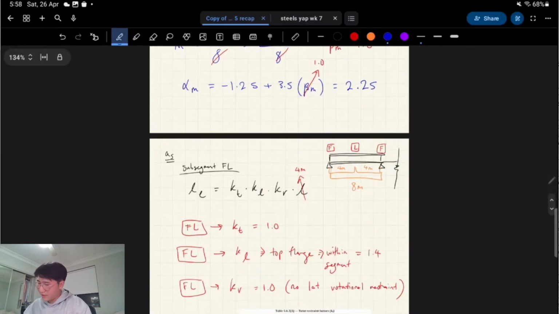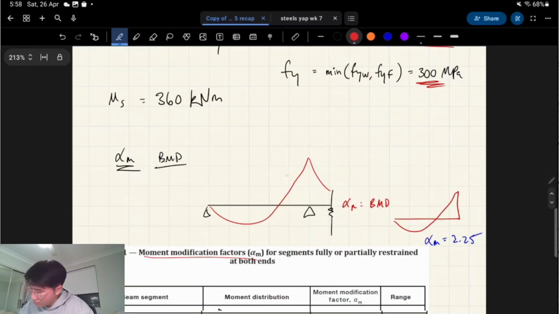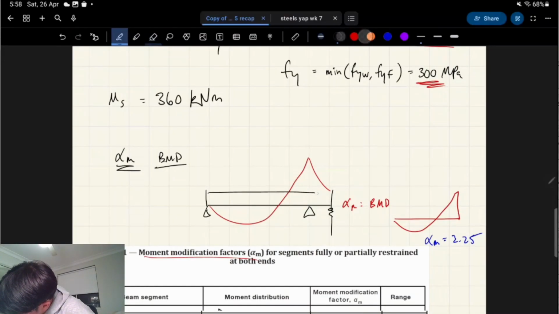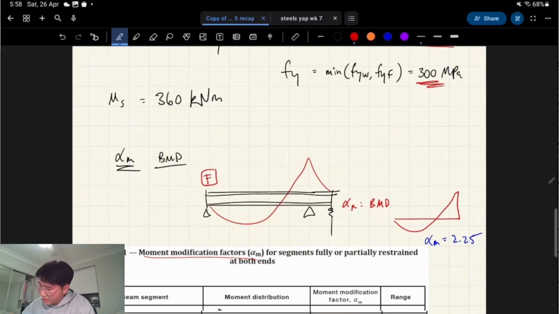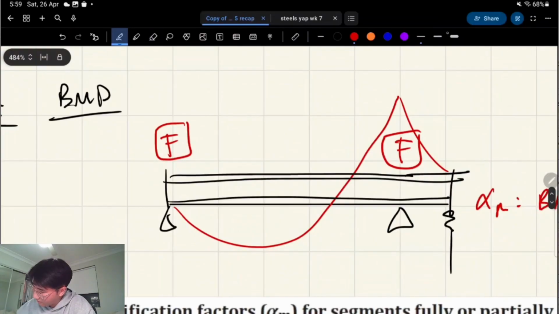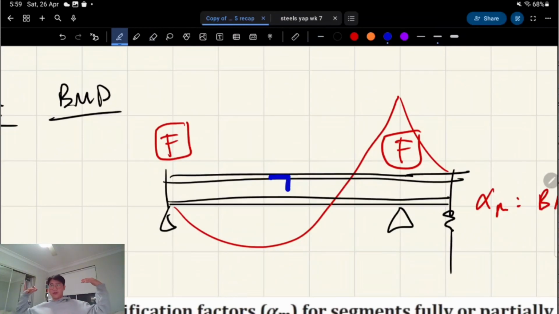Okay, next we'll do alpha s. So alpha m, remember this beam had full lateral restraints at the supports, right? And the symmetry on the other side, so the same thing will happen for the other span. The thing is, it had a detail which looked like this, I believe, which is an equal angle restraining the top flange.